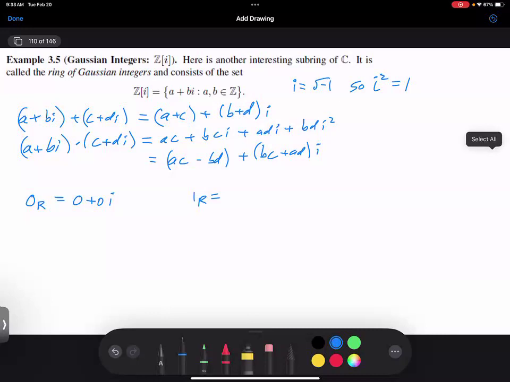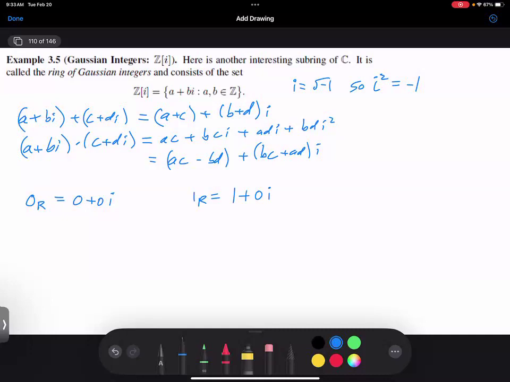It's i squared is not 1. I squared equals, that's a bad typo, equals -1. What should the additive identity, I'm sorry, the multiplicative identity be? You're just looking at numbers. When you think of identity for multiplication, what do you think of? It should just be 1 plus 0i.